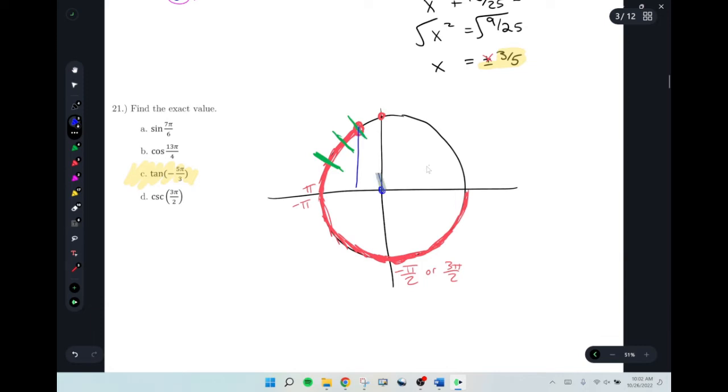Oh, did I mess up? Oh, dang it. That is 4 pi over 3. I messed up. And this is 5 pi over 3. You're 100% right. I was going the normal way and then screwing myself up that way.